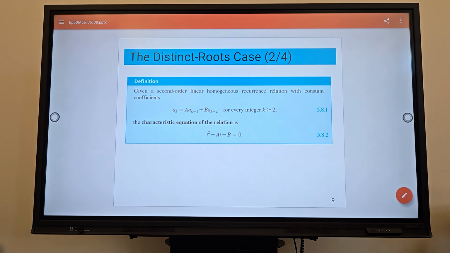Given a second order linear homogeneous recurrence relation with constant coefficients, the characteristic equation of the relation is t squared minus at minus b equals 0.